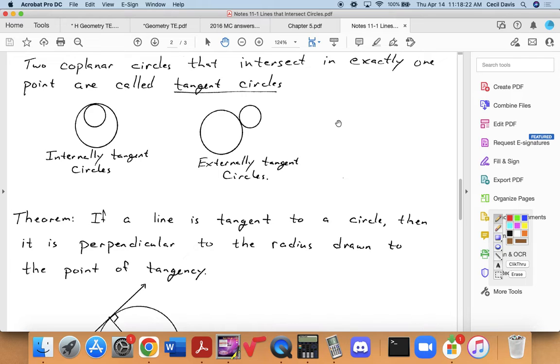So if we have two circles that intersect at exactly one point that are in the same plane, those are called tangent circles. And they can be internally tangent circles or externally tangent circles. Internally tangent circles always look to me almost like they're three-dimensional.